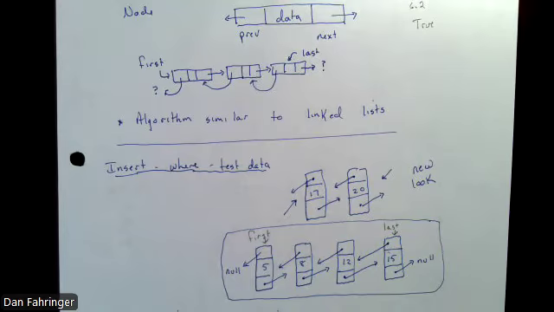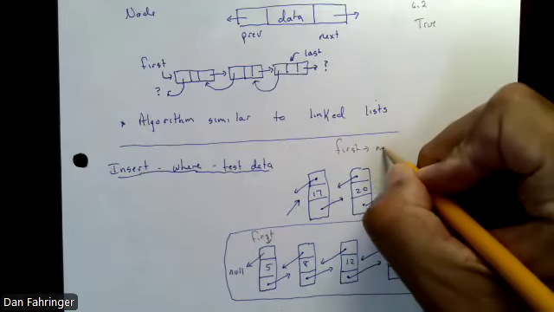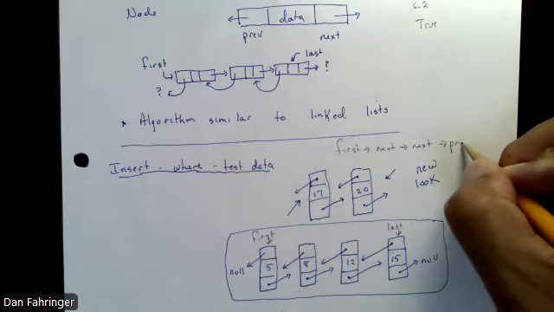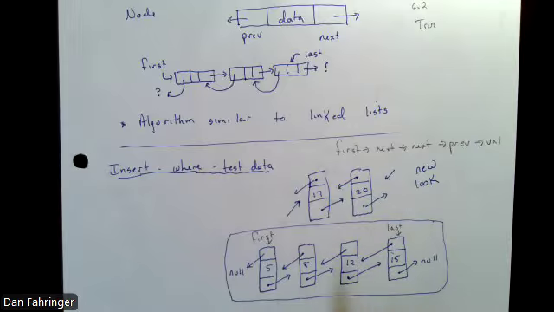It could do something like, where is first, next, next, prev's value? Down here, give me the answer. 8. First, next, next, prev. Yep, I believe it's 8. Cool. And again, I could do last, prev, prev's next, and so on.